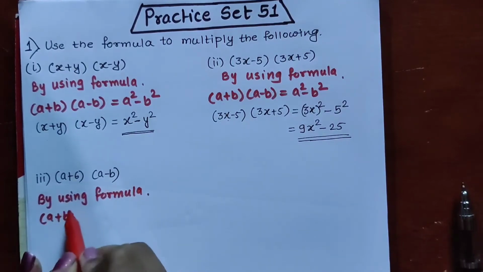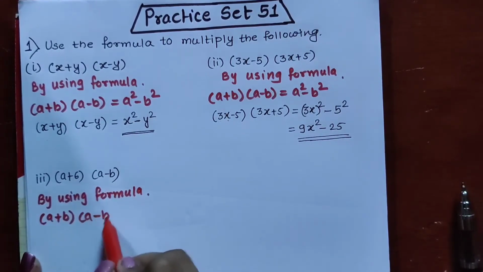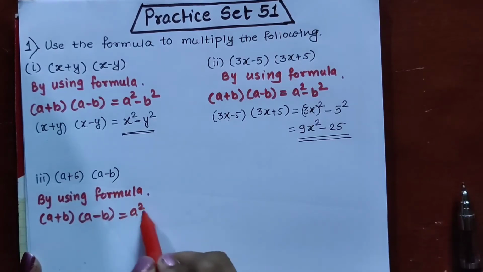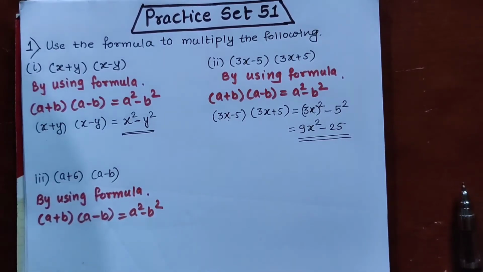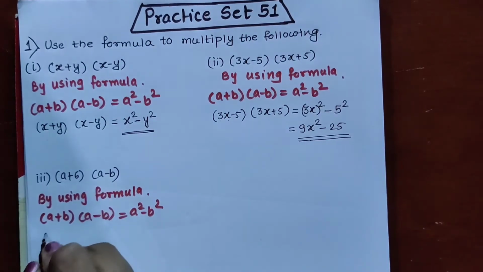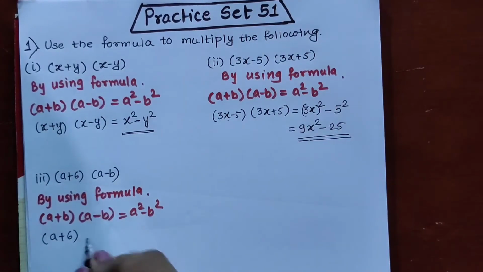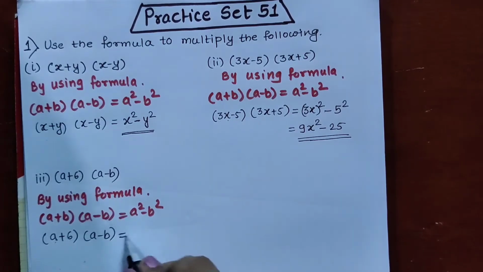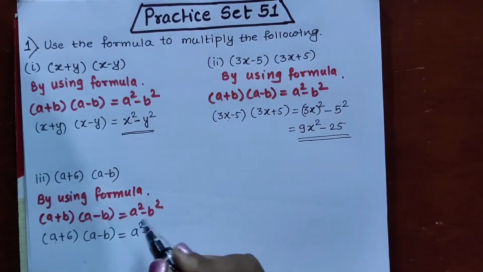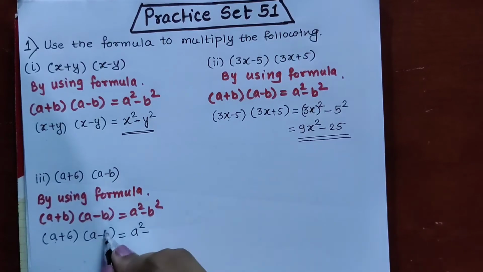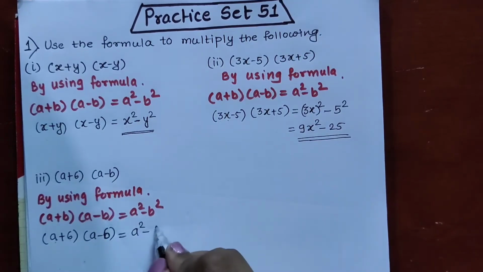A plus b in the first bracket, a minus b in the second bracket is equal to a square minus b square. Now we will write our question, which is a plus 6 and a minus 6. Our a is a in the question also, that means this is the first term, and 6 is the second term. So first term square, a square, minus b square, b is 6. Our b is 6, so 6 square.